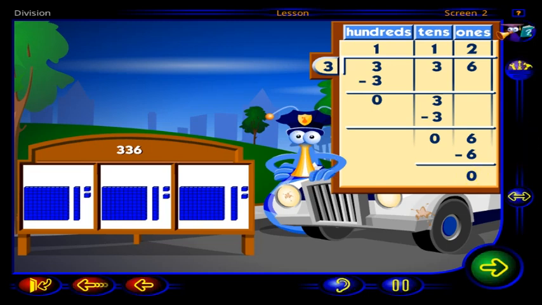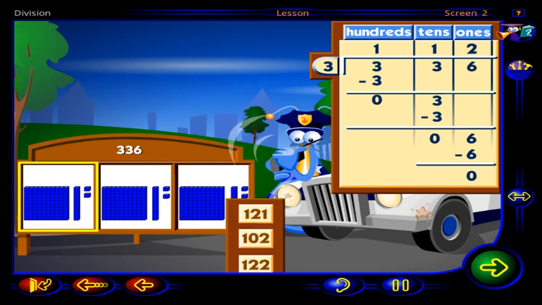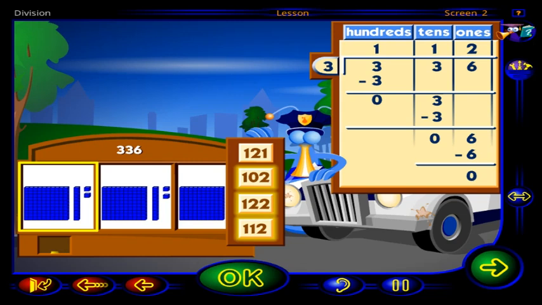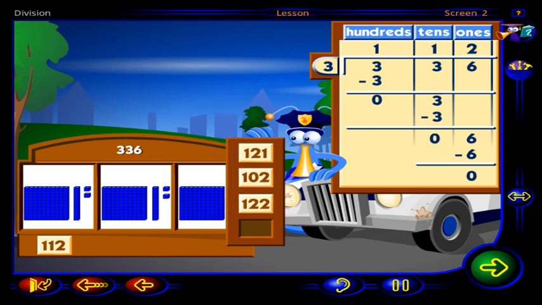Okay, let's see how many blocks are in each group. What number do the blocks in this group show? Drag a number here, then click OK. That's right.